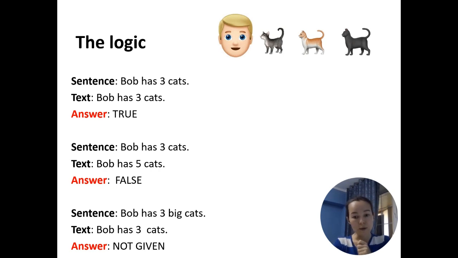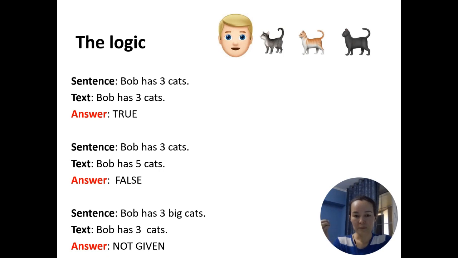So what do you think it will be? Of course, that would be true. If the sentence says Bob has 3 big cats and the text says Bob has 3 small cats, that would be a contradiction, right? So that would be false.